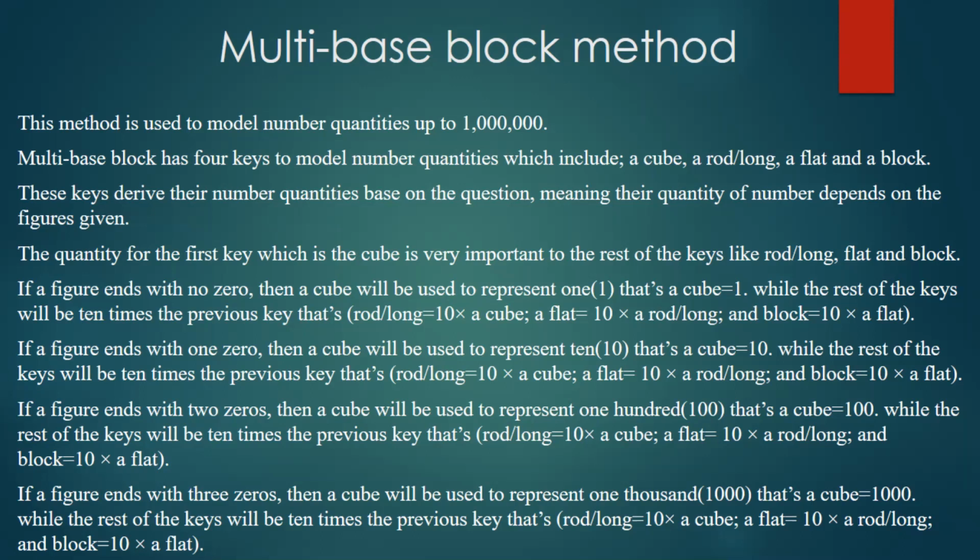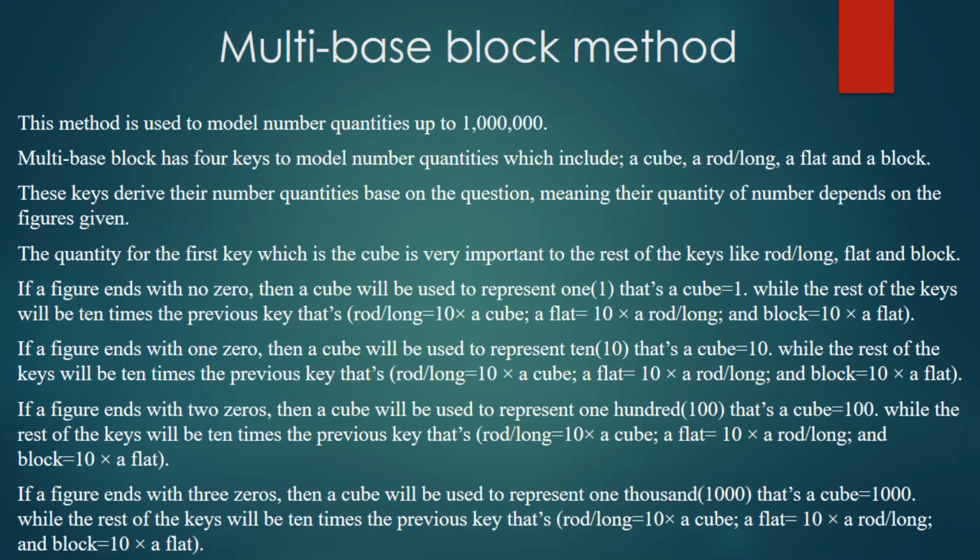If a figure ends with no zero, then a cube will be used to represent 1. That is, a cube equals 1, while the rest of the keys will be 10 times the previous key.